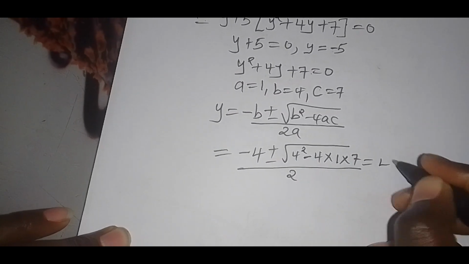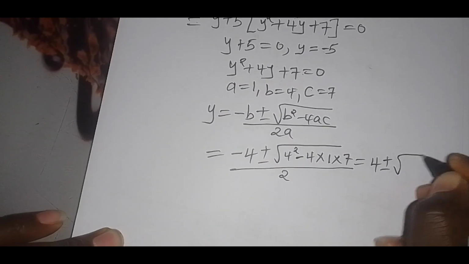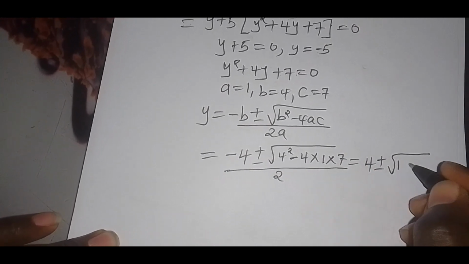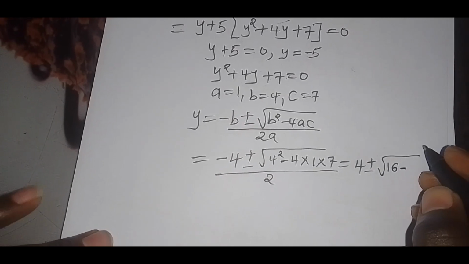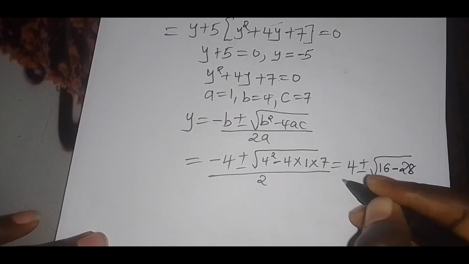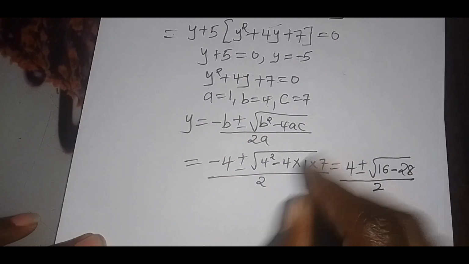So we have negative 4 plus or minus the square root of 16 minus 28, divided by 2.